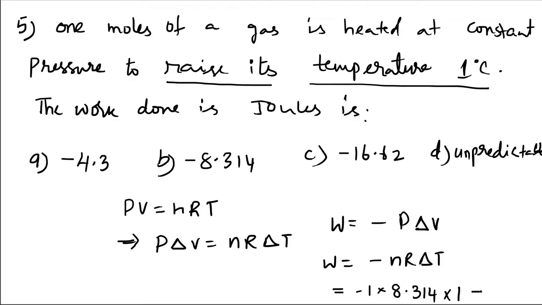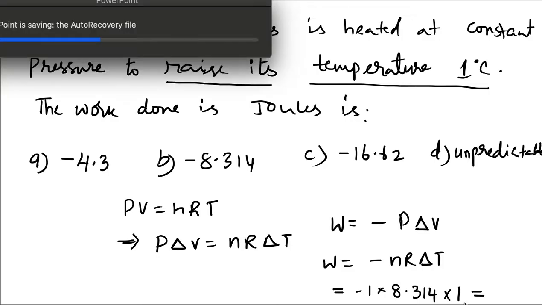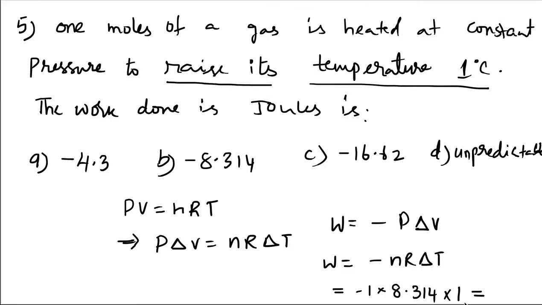Even in Kelvin, the difference between two successive numbers is 1. So 273 centigrade, 274 centigrade. Even if we convert them into Kelvins, the difference will always be 1. So here we get negative 8.314 joules as the answer.